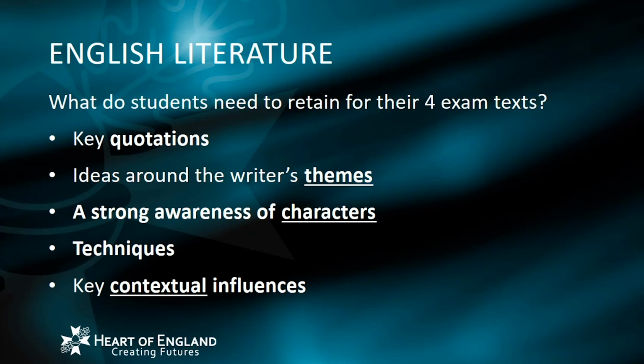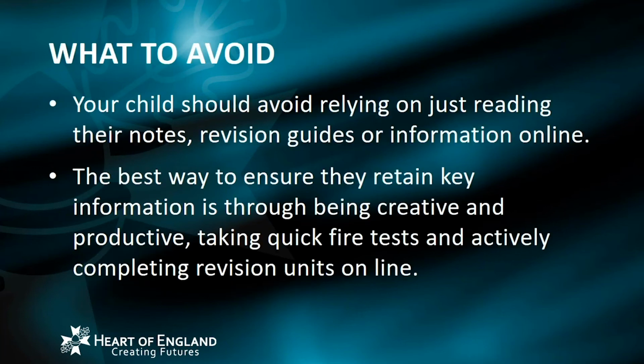We look at the key historical influences there, and anything to do with the writer's personal life and personal ethos and philosophies, which may have influenced the ideas and the way the text is written. But we tend to drip feed these things in as we actually read as well, and flag up with the students key moments in the text where we can clearly see a contextual influence. So again, encourage them to revise this when they go through their notes and their copies of the set texts. How well do they know those key contextual influences? That's another area that will be marked.